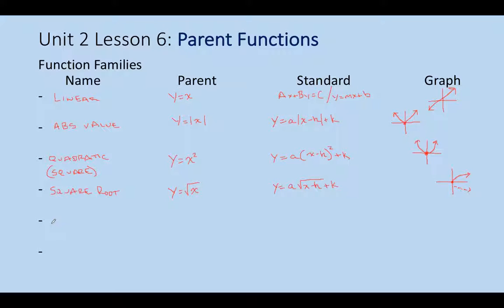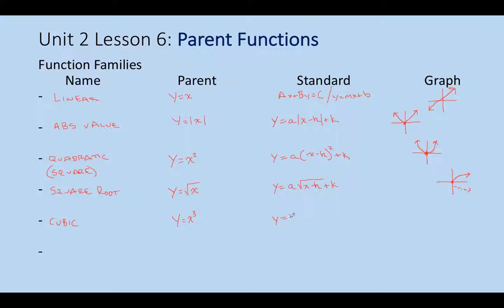All right, so the next family that we're going to be focusing in on is the cubic family, and that's going to be y equals x cubed. And just so that you know, the cubic family in standard form is going to be very similar to the standard form for the quadratic.